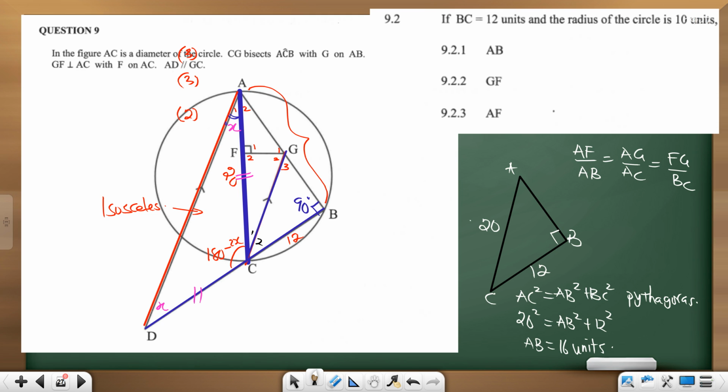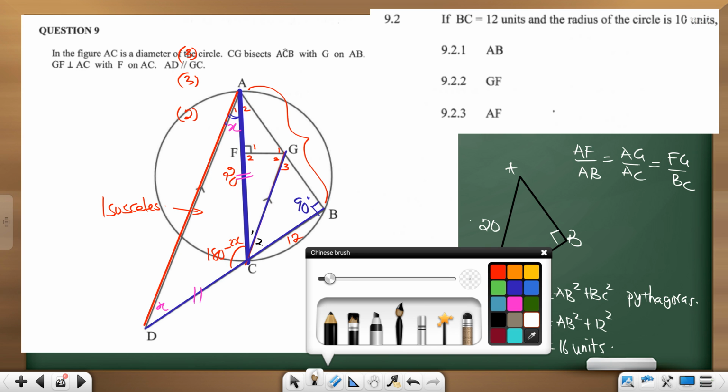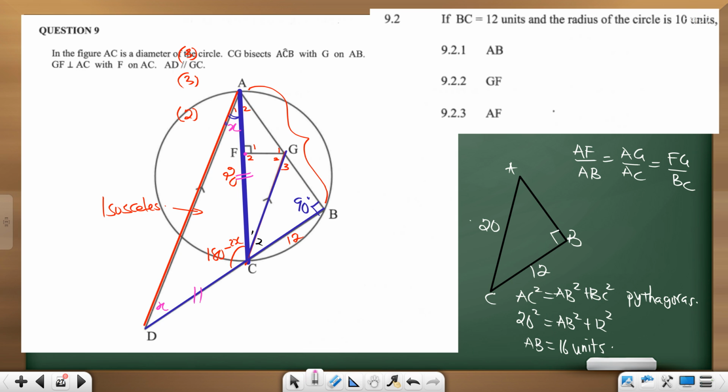Okay. This looks interesting. GF. Where's my thinking pen? All right. We are looking for GF. What can we do? If you see anything, please let us know.